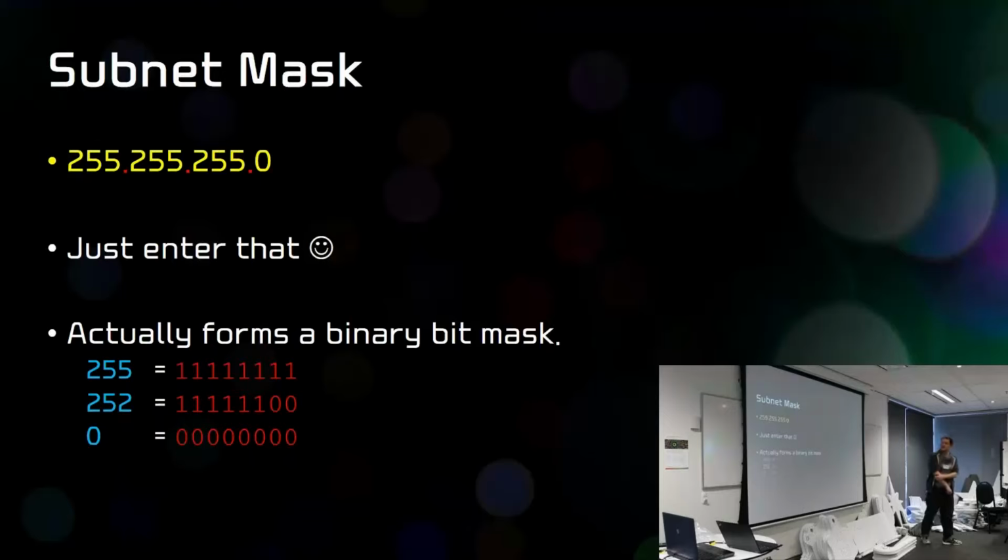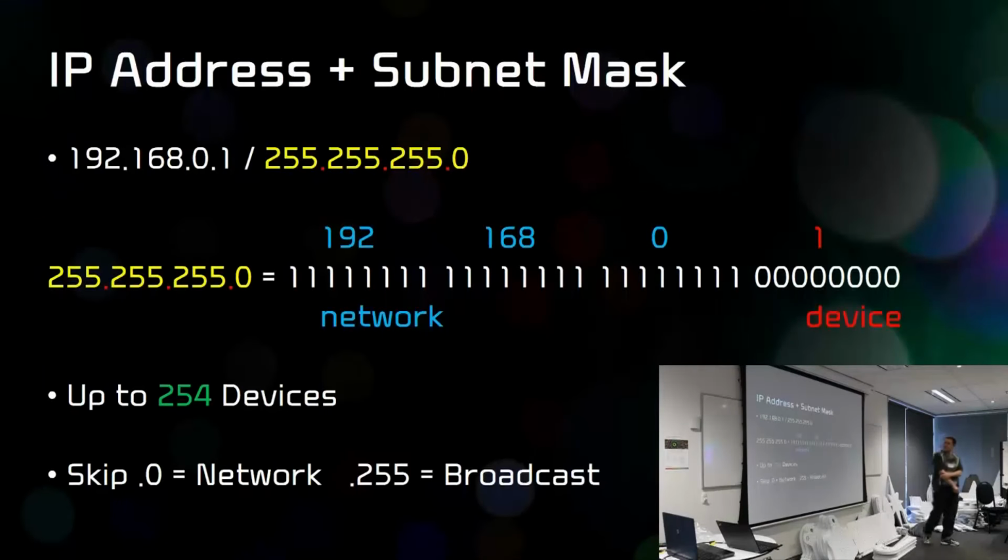Subnet mask, for our context, is 255.255.255.0, and just enter that. It's actually a binary bit mask pattern to define the size of a network, so we'll very quickly touch on this. 255.255 in binary is all ones, so that turns into a masking pattern to define the network size.